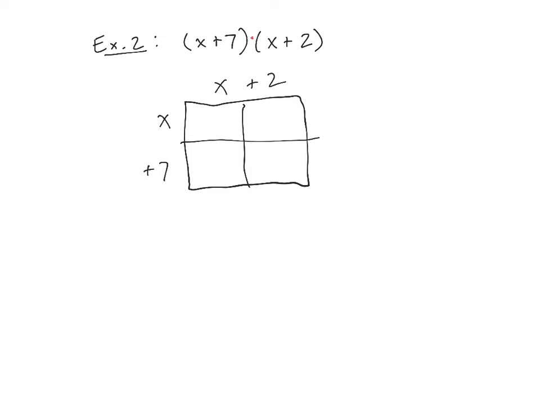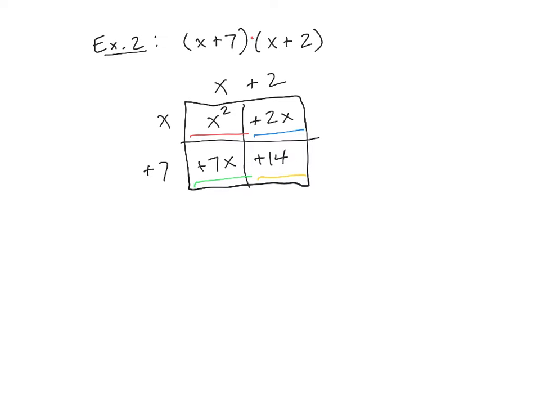For my first box here, this red one, I'd have x times x, x squared. For the blue one here, I'd have x times a plus 2, so plus 2x. For the green one, I'd have x times a plus 7, so plus 7x. And for the yellow one, I'd have a plus 7 times a plus 2, which makes a plus 14.